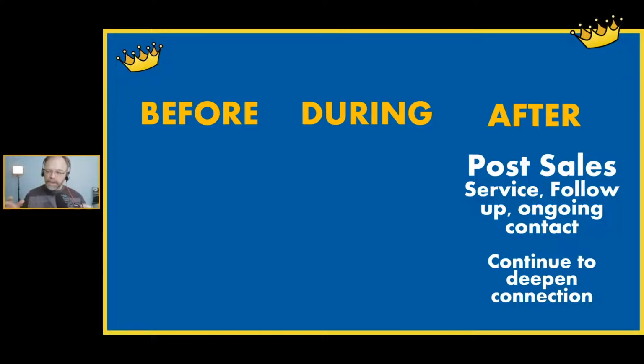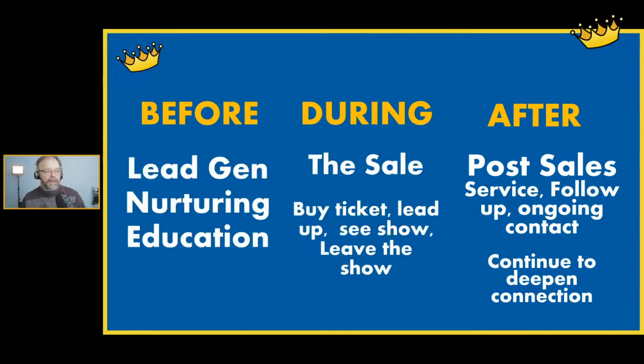And it's what you can do to continue to deepen the connection with them. So whether that's sending them a weekly or a monthly email, or sending them a follow-up gift, a bonus, all of that kind of stuff. Everything that happens after the sale is the after unit. So that's kind of the overreaching basic structure: before, during, and after.